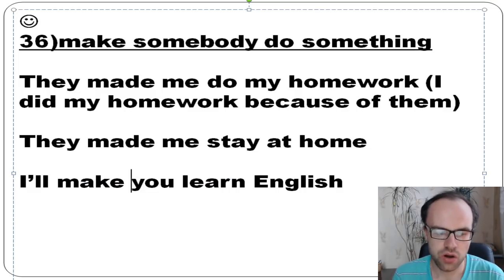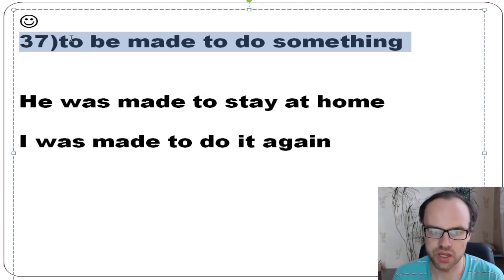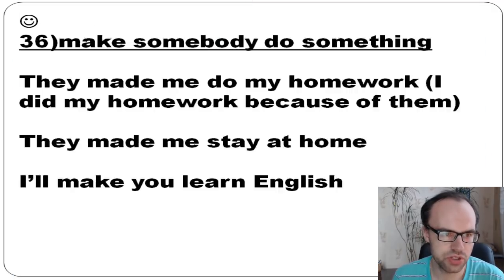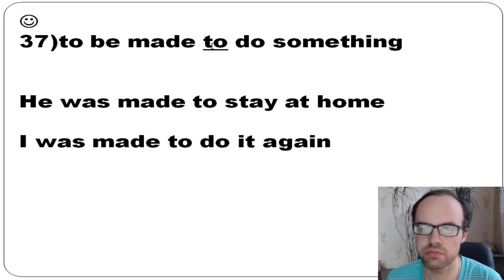Well, you know that we often use the structure in passive voice. And if it's in passive voice, don't forget to use to, okay? To be made to do something. So we have make somebody do something without to, and if the structure is in passive voice, you need to use to be made to do something, and it has the same meaning.